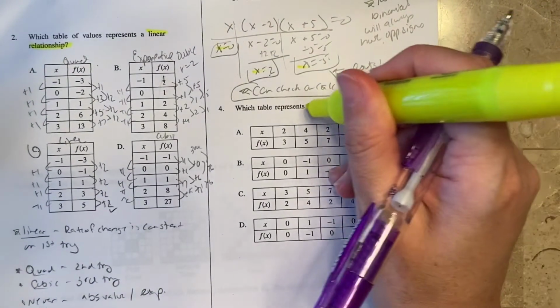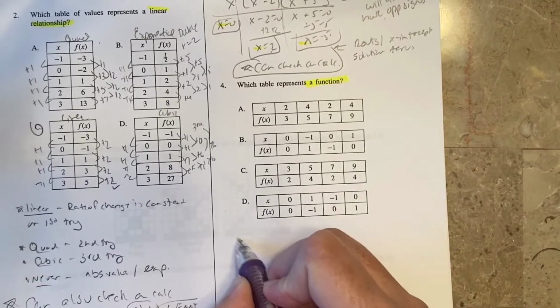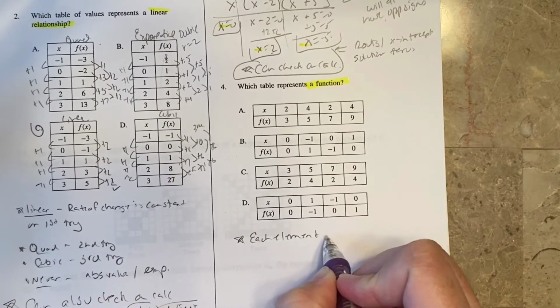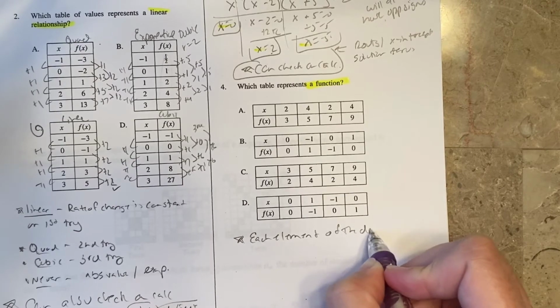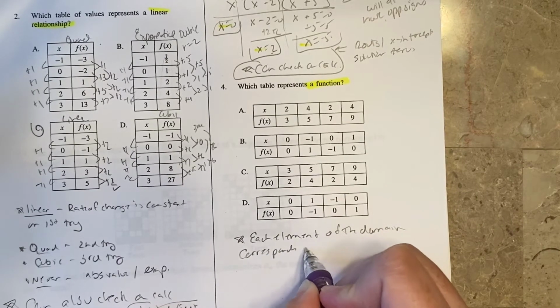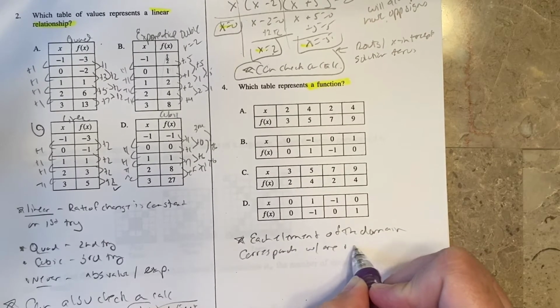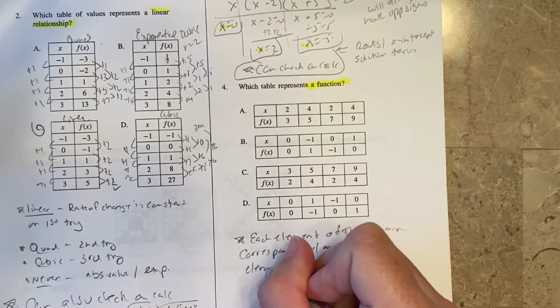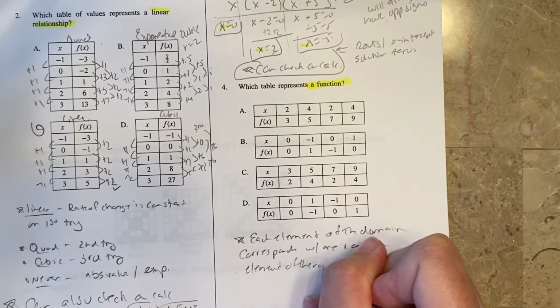All right, 4, function. So we know this fancy sentence. Each element of the domain corresponds with one and only one element of the range. So what does that mean?